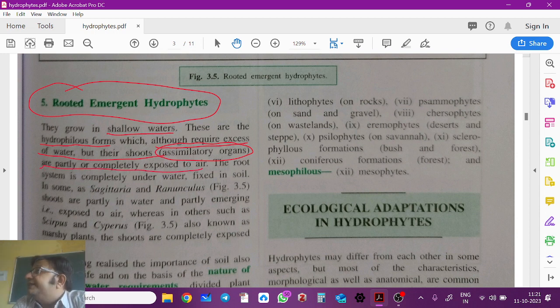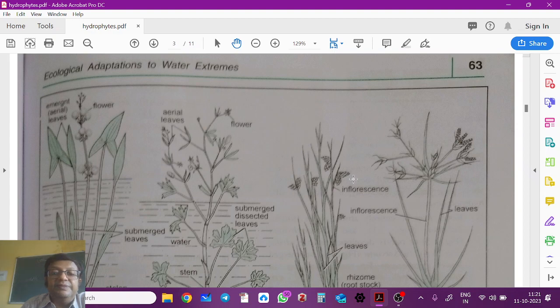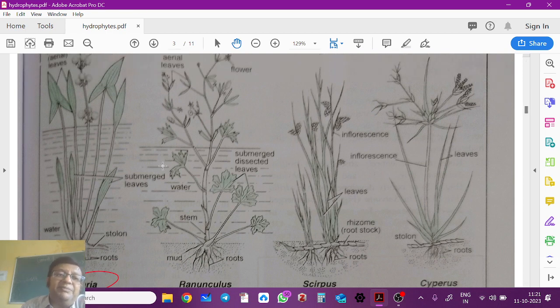Hydrilla was totally submerged, but here they are partly exposed to air. The root system is completely underwater, fixed in soil. For example, Sagittaria. See figure 3.5, the first one is Sagittaria. Remember the name Sagittaria.